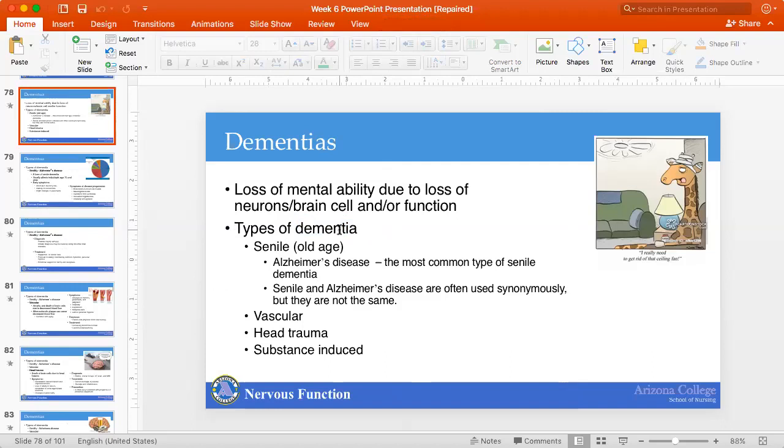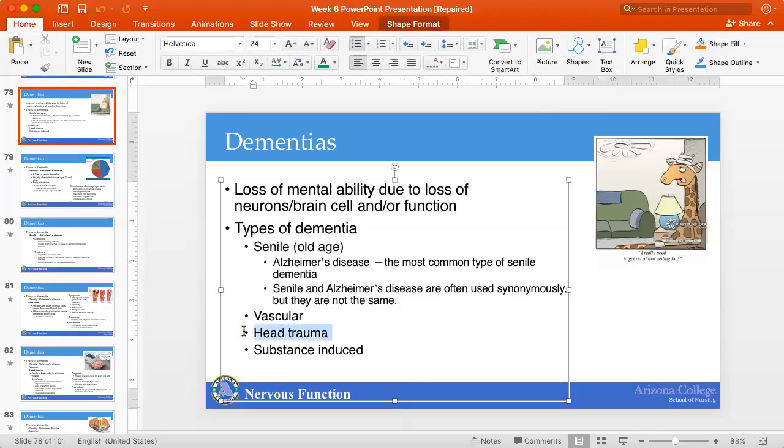Most of the time it's related to age, but sometimes can be related to medications or following head trauma or from substance abuse. If someone has a long history of using certain drugs, it can lead to dementia even though they're pretty young. I've seen someone as young as 35 have dementia because of substance use.